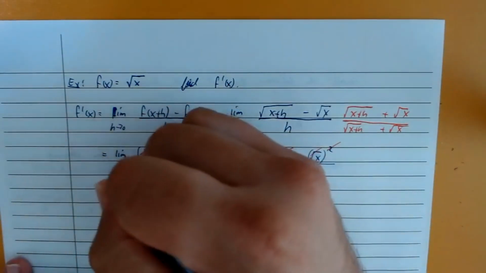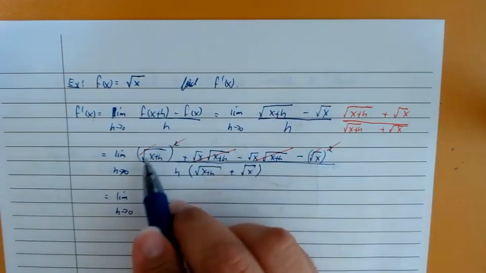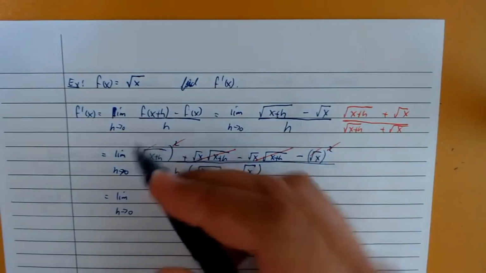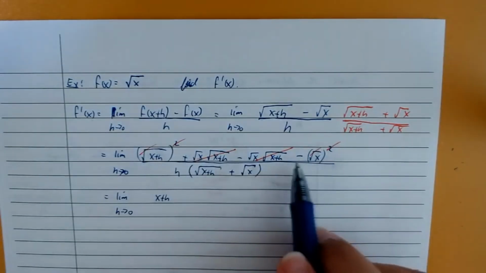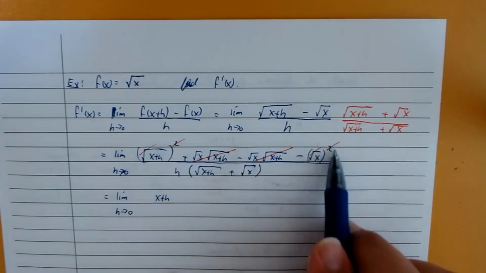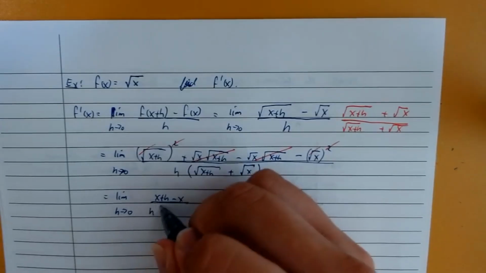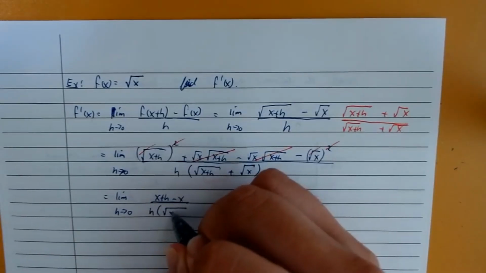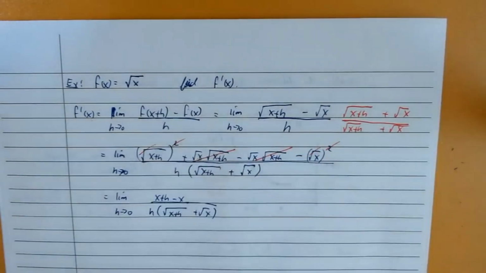So this is going to equal the limit as h approaches 0. Here, that square root is gone, as is that square. You're left with just x plus h. All of these are gone. And here you're left with minus x, since that square root and that square are gone, over h times square root of x plus h plus square root of x, like this.